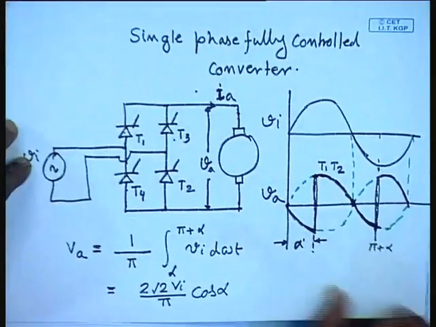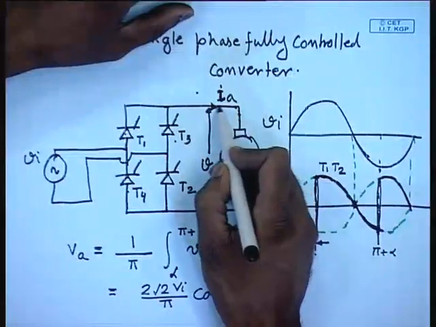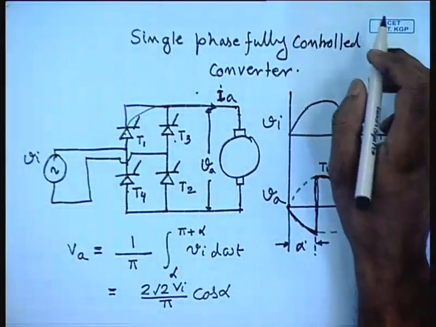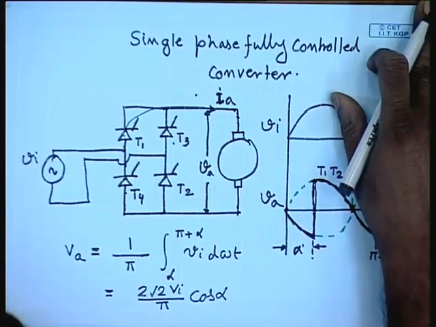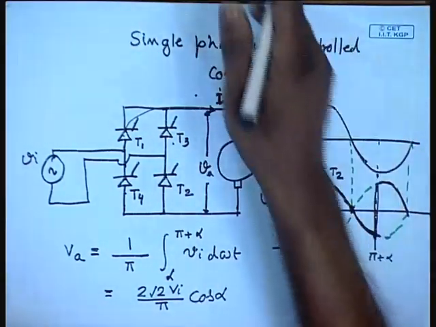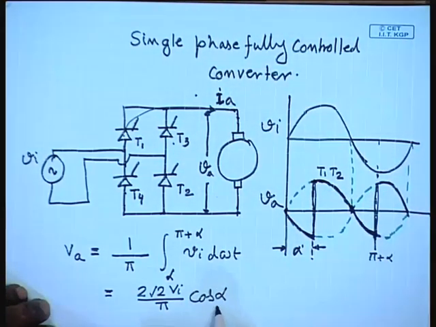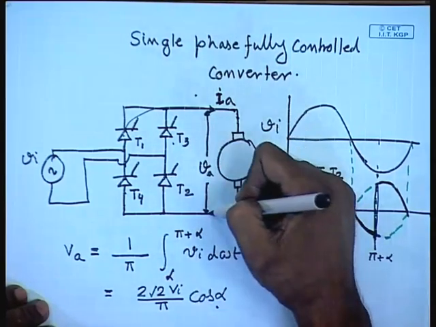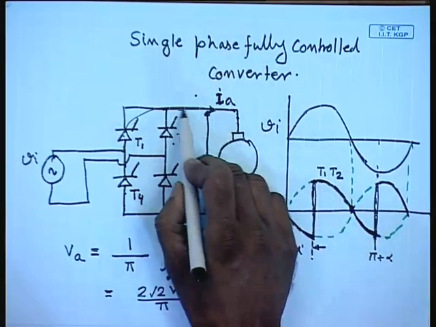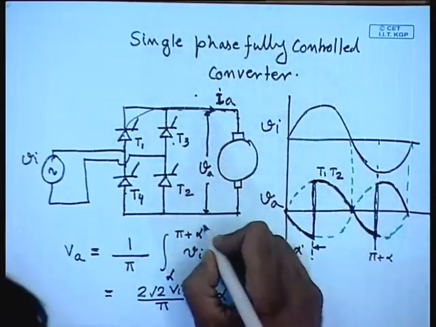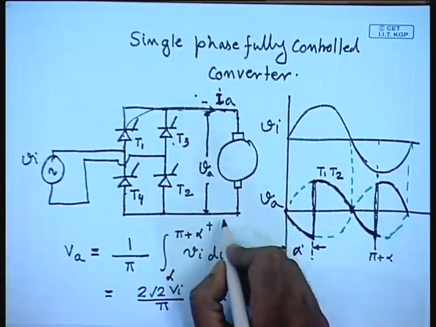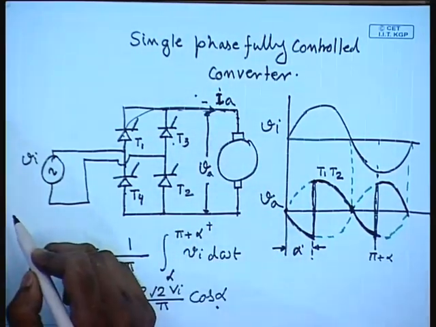Unfortunately for this case though, there is no way this armature current can flow in the opposite direction. So, regenerative braking in the forward direction is not possible, but we can see that if we make alpha larger than 90 degrees, then the average DC voltage becomes negative, in which case when the current flows in this direction, then with this terminal positive and this terminal negative, the power is still fed back to the supply.